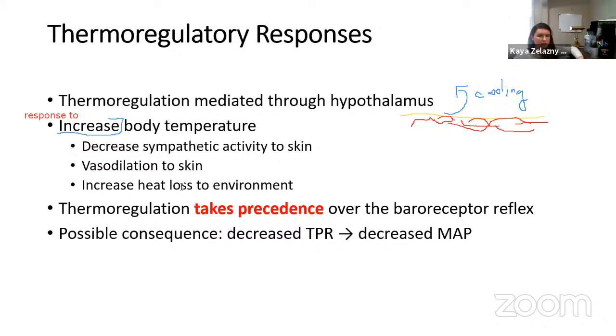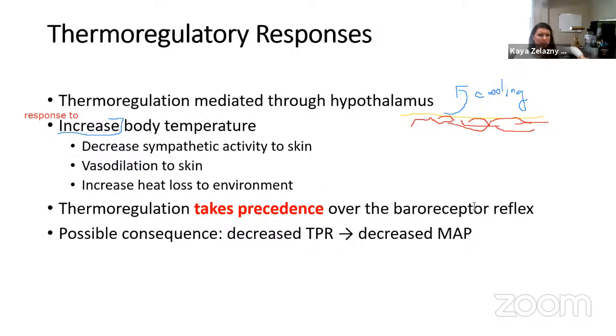But if you suddenly have a bunch of blood rushing out to these capillaries under the skin, and especially if you're sweating, if you're basically losing fluid at the level of the skin to create this cooling effect, which means you're losing blood volume, which means stroke volume is going down, because there's not as much blood potentially, this could basically decrease your blood pressure.